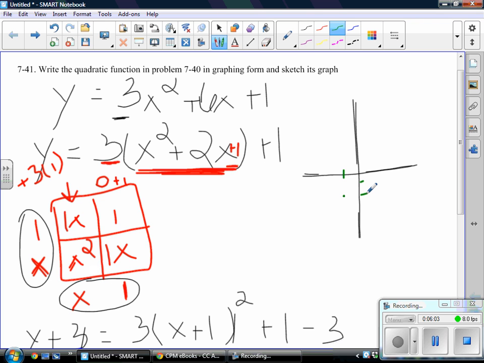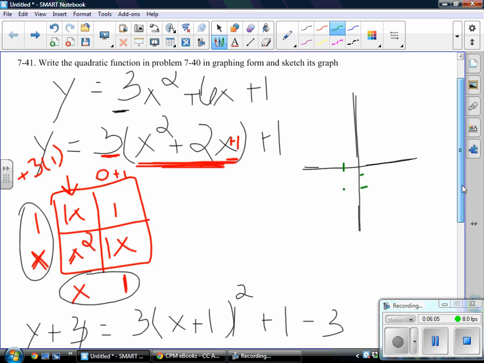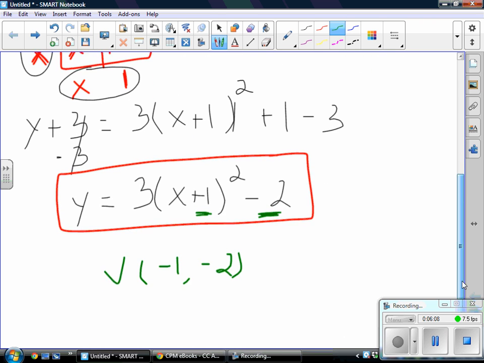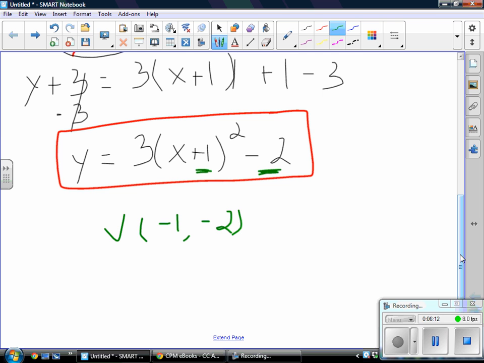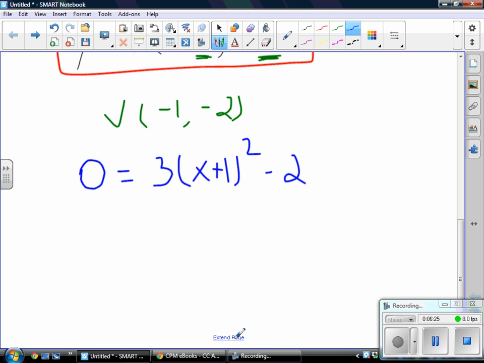So then we need to find some other points. We can find our x-intercepts by plugging y equals 0 into the equation that we found. So 0 equals 3 times x plus 1 squared minus 2. I'm going to add my 2 over to both sides. So now I have 2 equals 3 times x plus 1 squared.